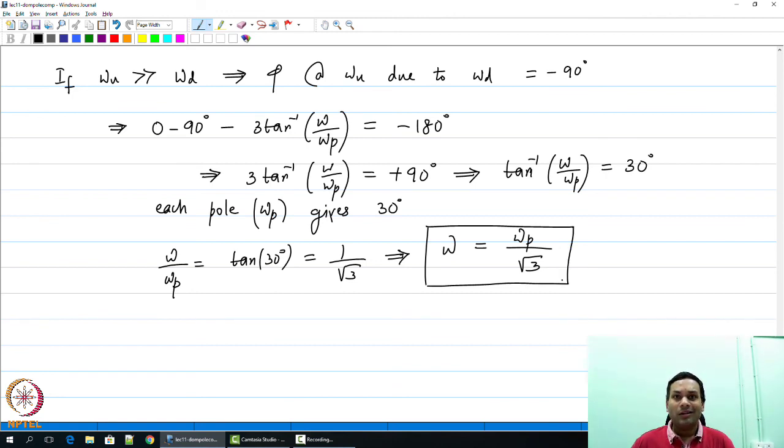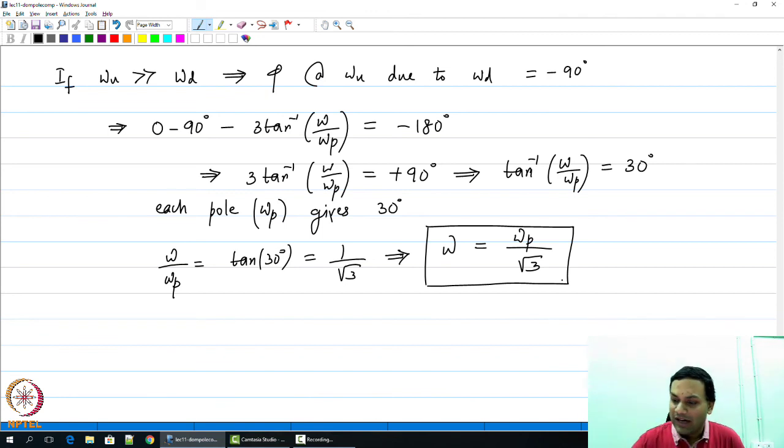What do we do next? We go back and plug in this relationship into the magnitude condition and find out the maximum allowable value of A0F, which will give you the limit of stability, rather the upper limit of the loop gain when the system is marginally stable.